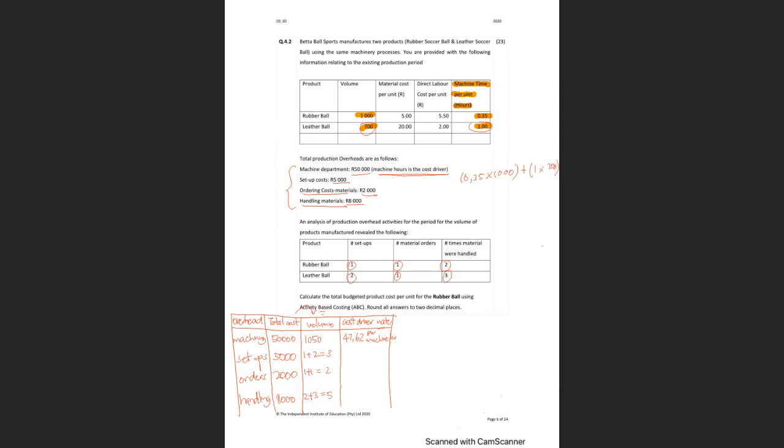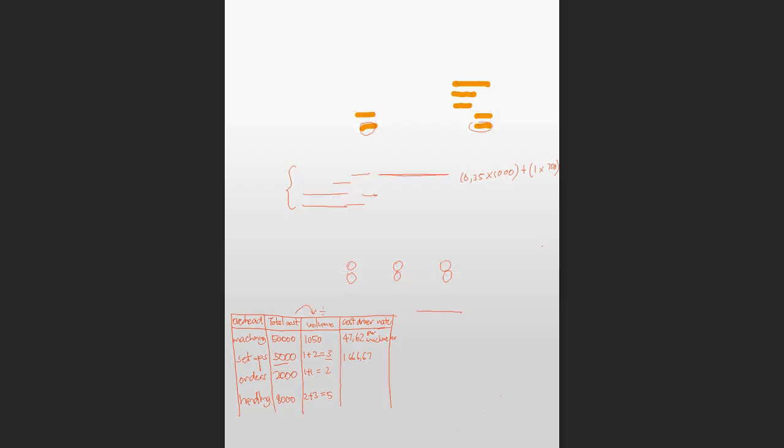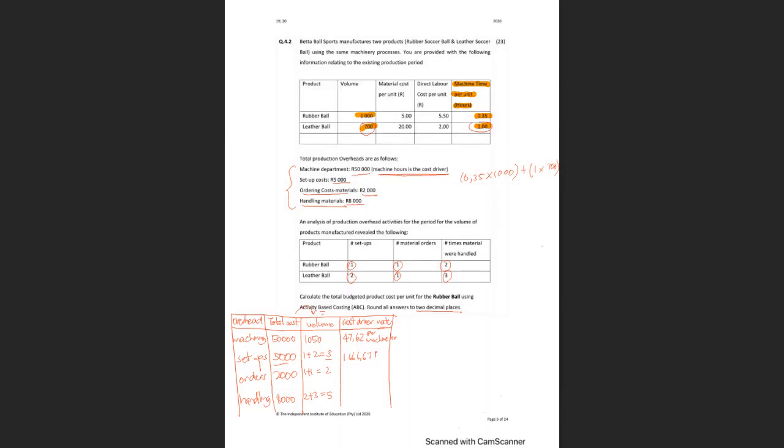Then it is 5,000 divided by 3, which is 1,666.67. And remember, they asked you to round off to 2 decimal places, so please ensure that you do so. And this is per setup. Then you have 2,000 divided by 2, so that is 1,000 per order.